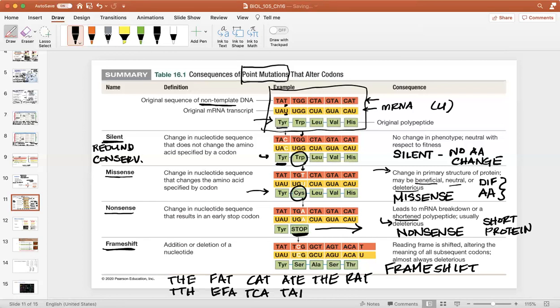If I'm breaking this up into groups of 3, E-R-A. Do you see how I've shifted the frame by adding in an extra letter?